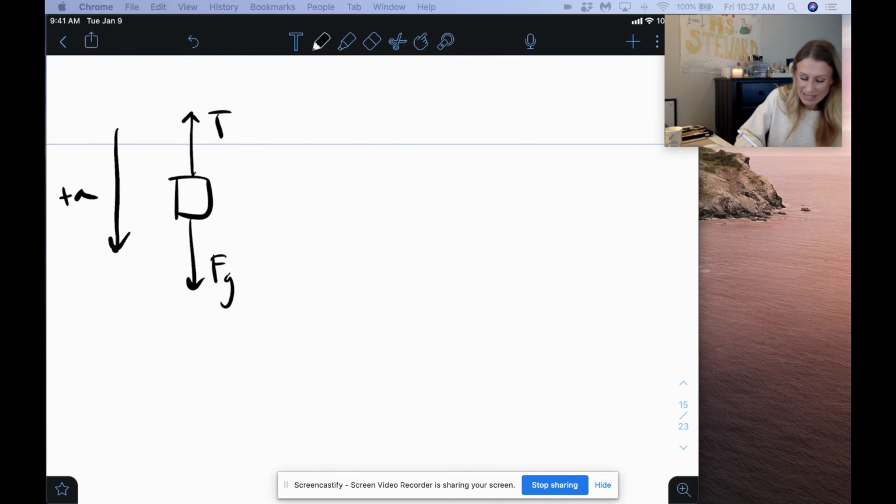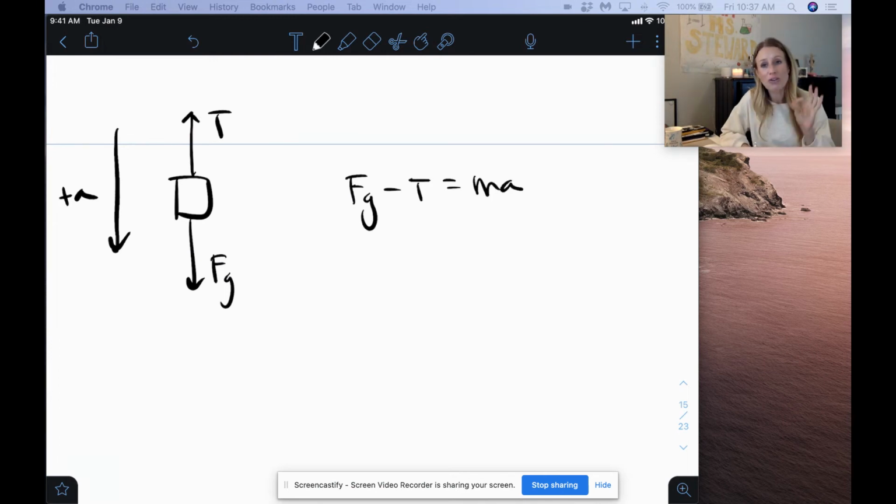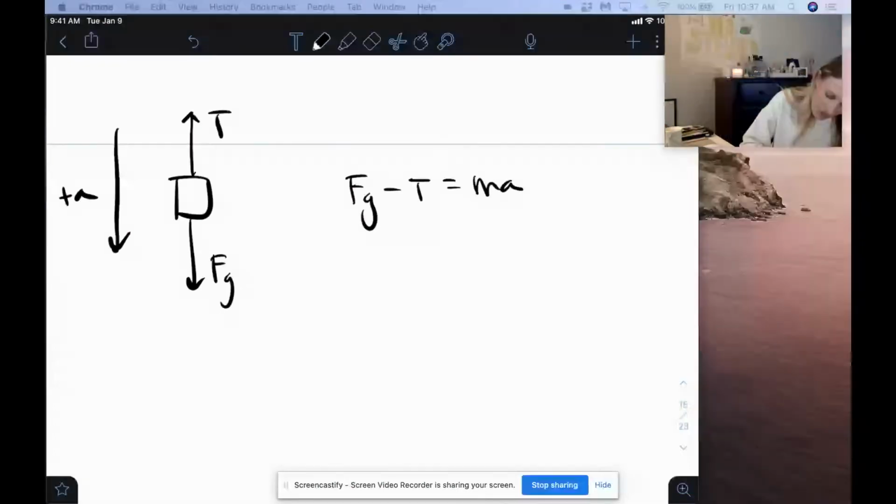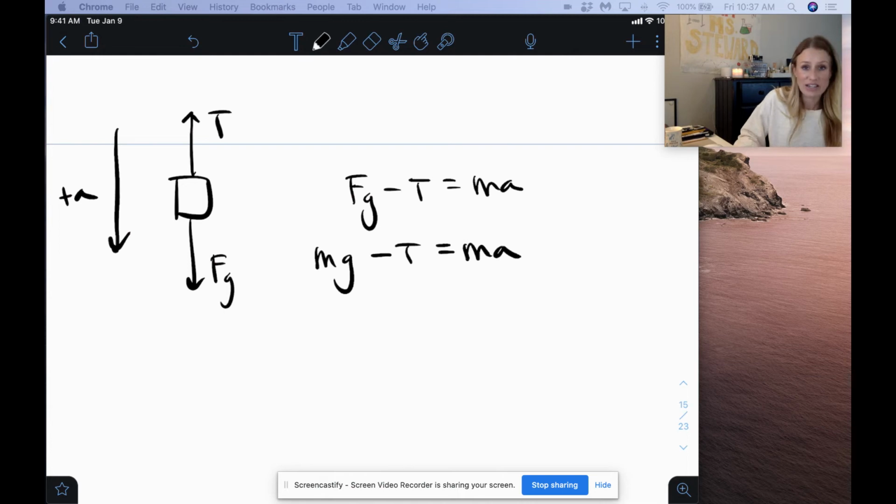So what I get here for Newton's second law is force of gravity minus tension is equal to mass times acceleration. Notice how I write little m because this is the mass of the block. Force of gravity, of course, is little m times g, mass of the block times acceleration of gravity. Minus tension is equal to mass times linear acceleration.